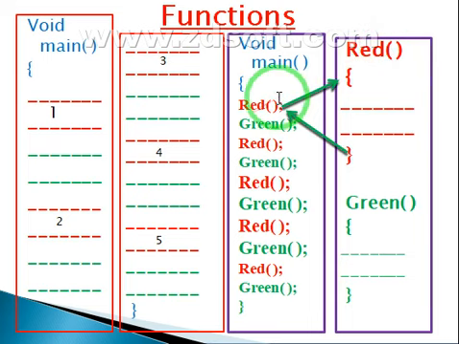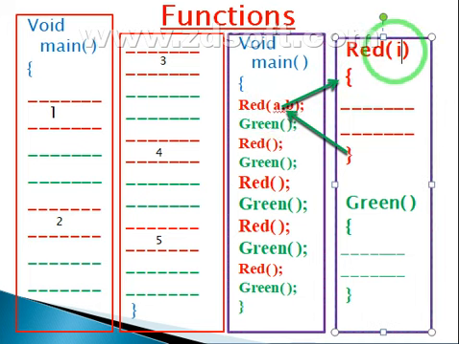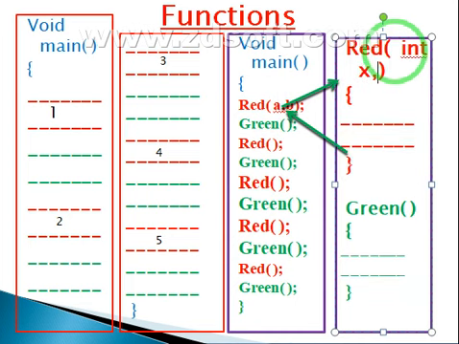Within the open and close braces of red, we can pass the information a comma b, and that information is transferred and available in the function. For example, integer values a comma b, two values I am passing, should be received as integer x comma integer y.